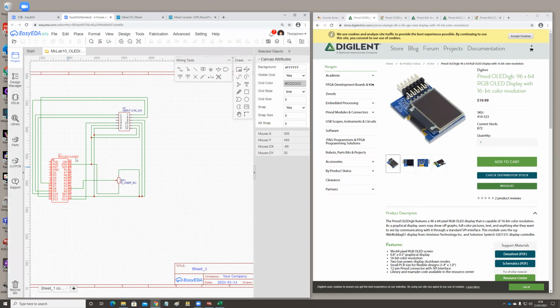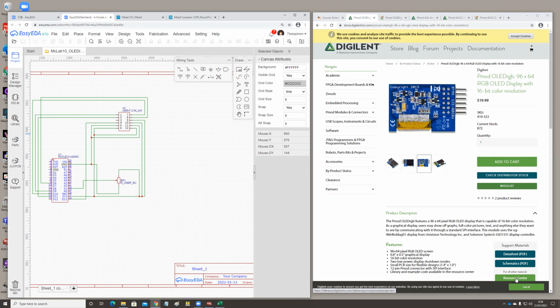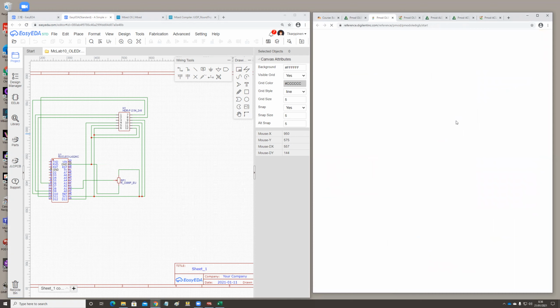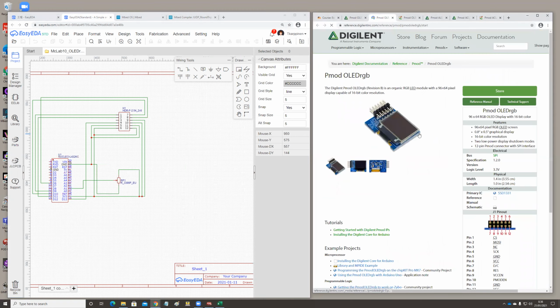So we have the microcontroller and then an OLED display unit with a certain interface. And we had to look from the resource center how the display would be connected to our microcontroller project.